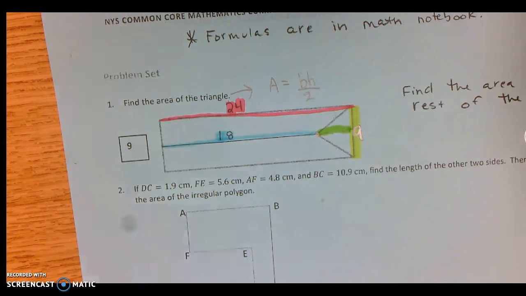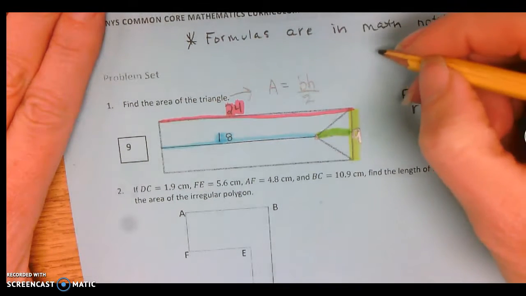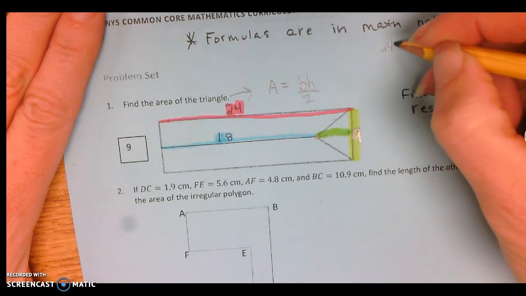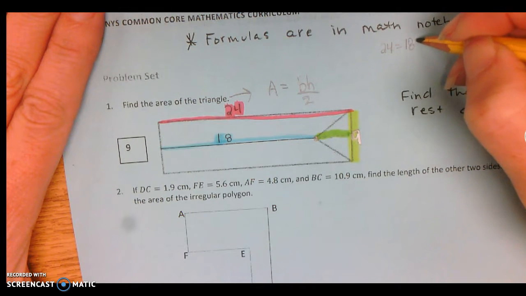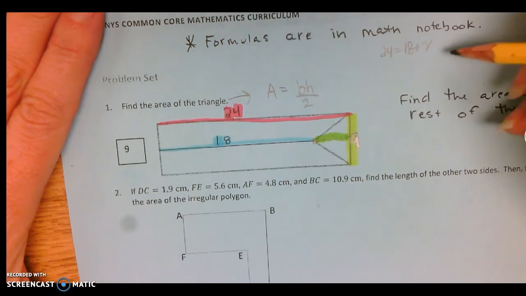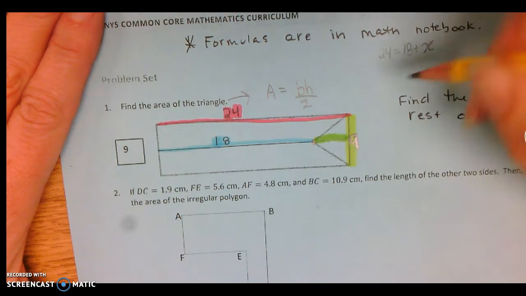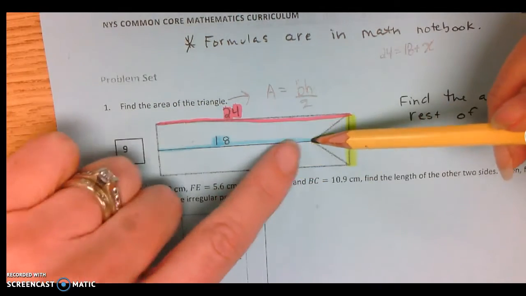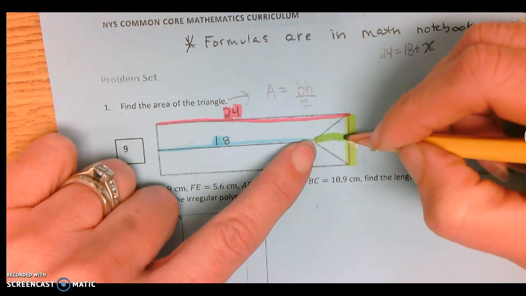Hopefully you said 24 is the same as 18 plus some number. So I have this equation here. I could solve it algebraically, or I could think, if this is 18, how many more do I need to get all the way to 24?